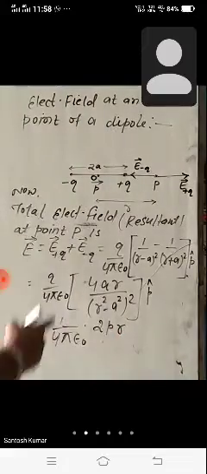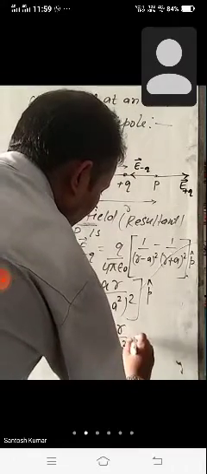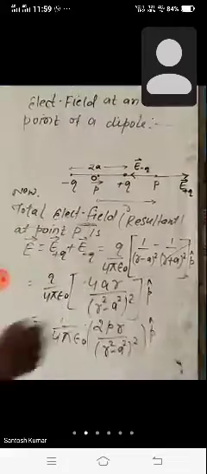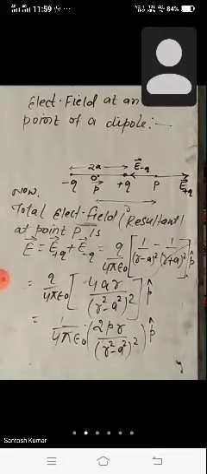Just see. It will be simply 2PR divided by R square minus A square, whole square, and this is simply unit vector. Just see if you are having any problem. That's how it came. You can ask anyone. Anyone having any type of doubt?